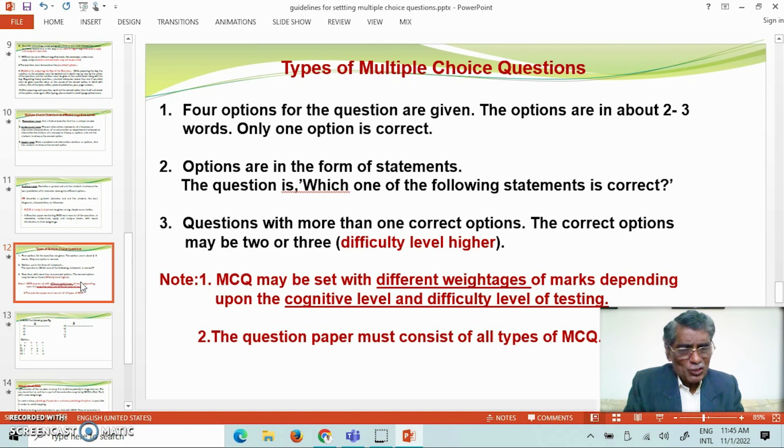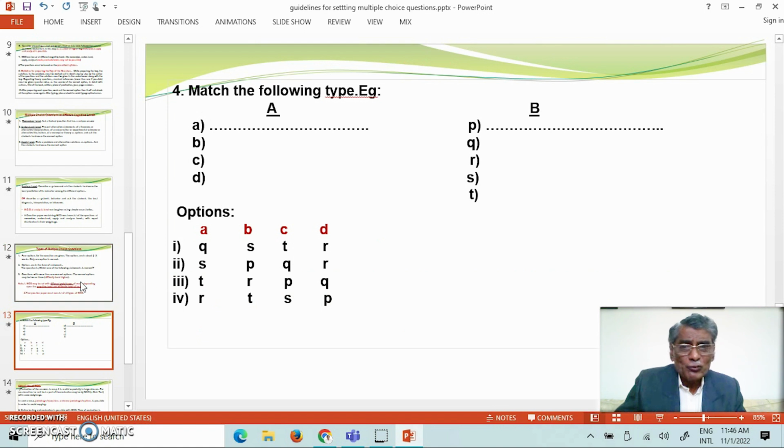MCQ may be set with different weightages of marks depending upon the cognitive level and difficulty level of testing. The question paper must consist of all types of MCQ. I have discussed here 4 types. Even the matching the following type also is very, very important, sir.